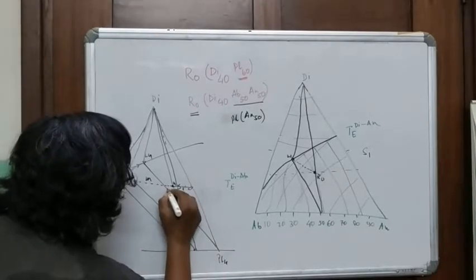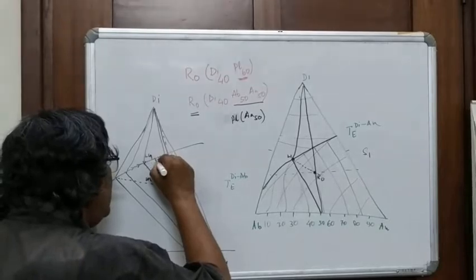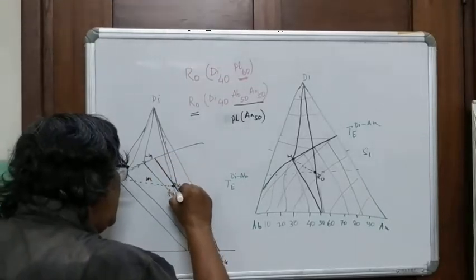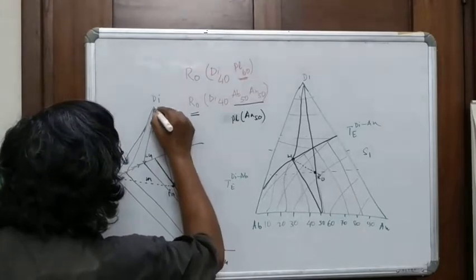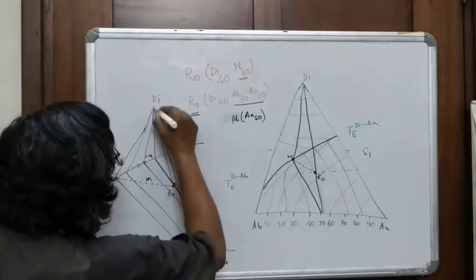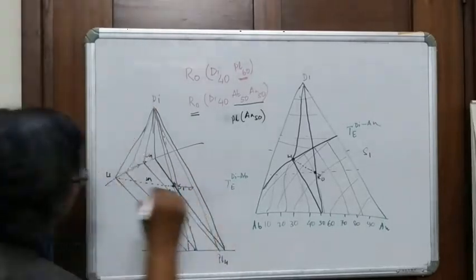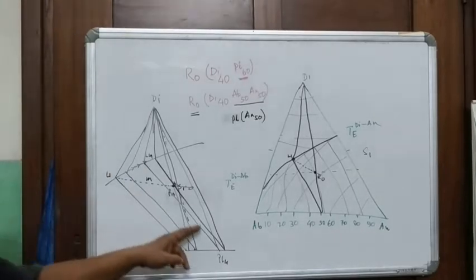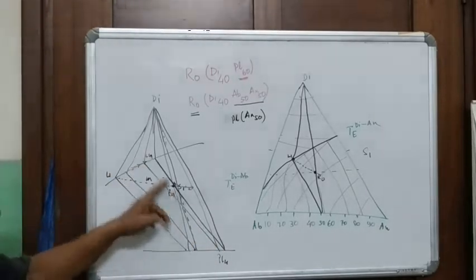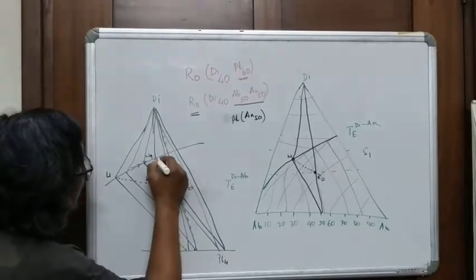this point will reach this point. Have you understood? This is where you will finally reach, where you pass your initial R0.